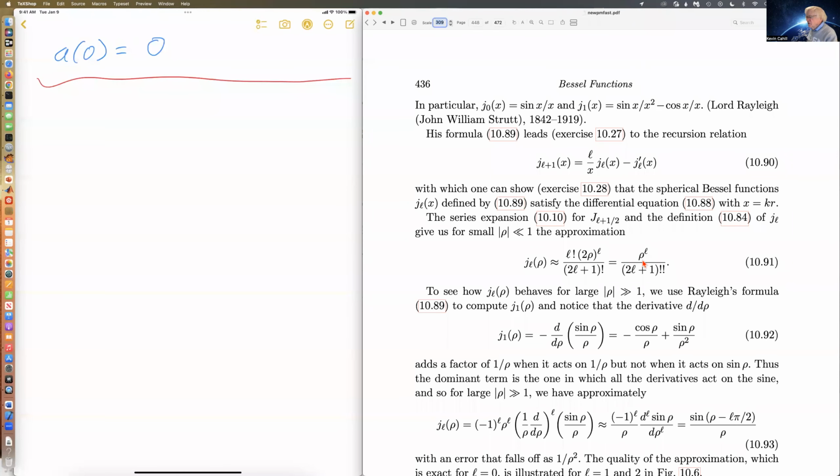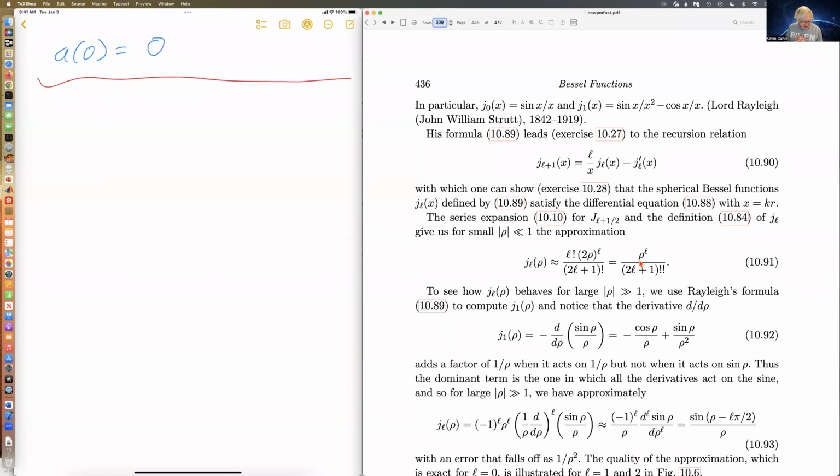Physicists doing nuclear physics found that the scattering was symmetrical when they would scatter protons, say, off nuclei, and apart from neglecting the electromagnetic interaction, they found that it was basically isotropic scattering, largely isotropic.